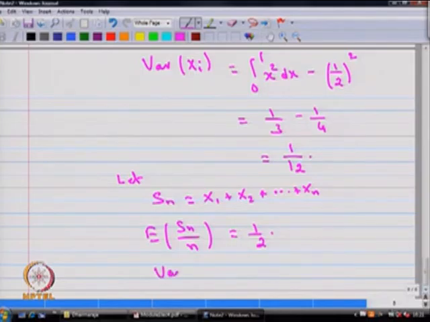Similarly, if you calculate variance of S_n by n, that becomes 1 divided by 12 times n, because the variance of Xi's is 1 by 12 and the variance of S_n is a summation of Xi's from 1 to n. Therefore, variance of S_n by n becomes 1 divided by 12n.